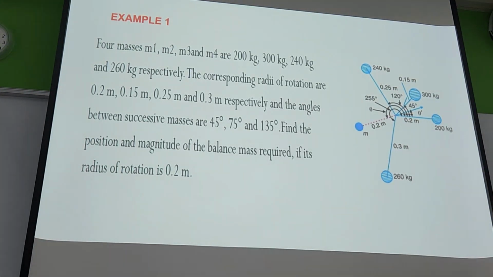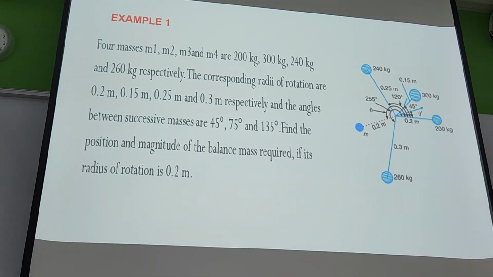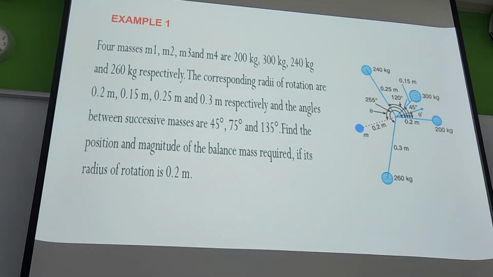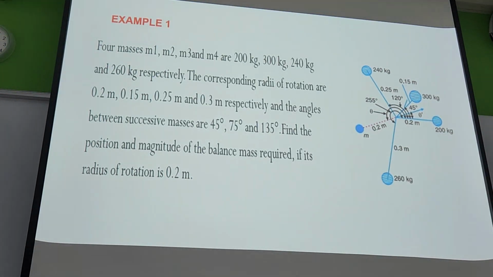Normally in the exam you will be asked for dynamic balancing. That is a bit more involved, because in dynamic balancing, not only the forces, but you also have to make the sum of moments 0. This one is only a simple static balancing.